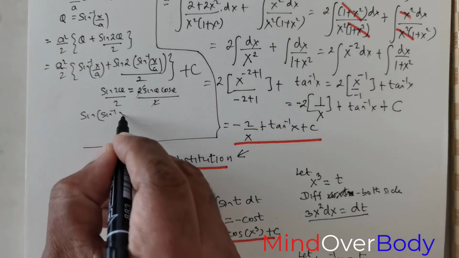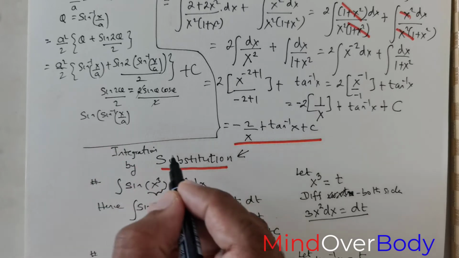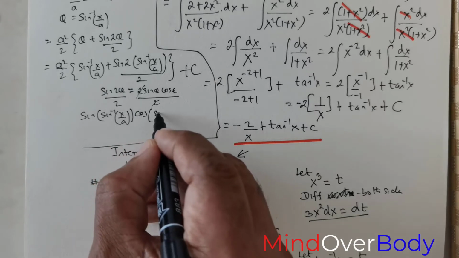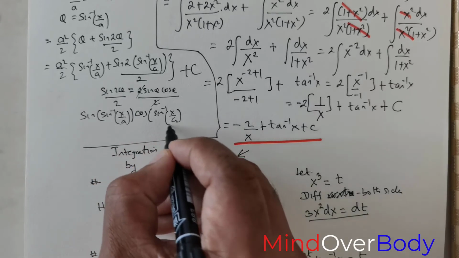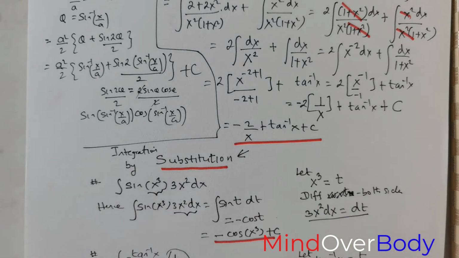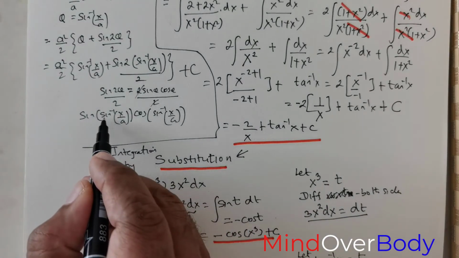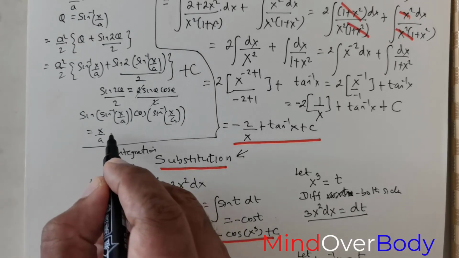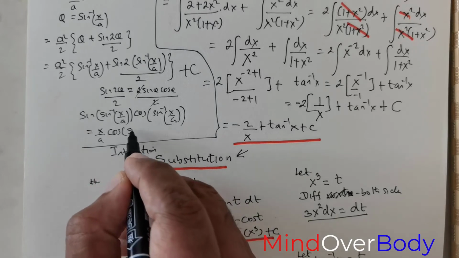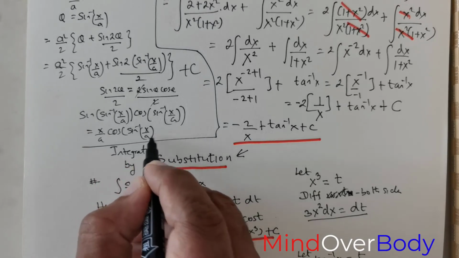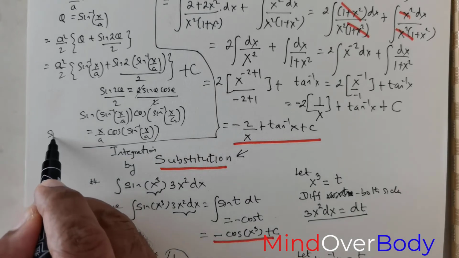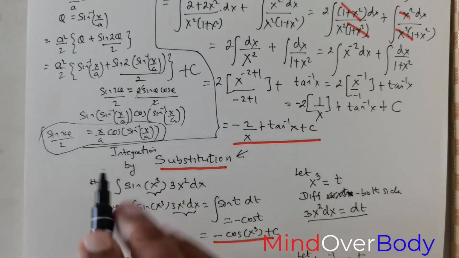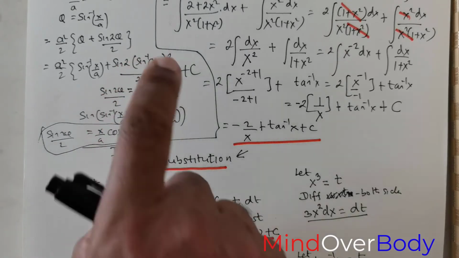So I substitute that for the first component, times cos of sin inverse of x over a for the second component. In fact, sin inverse and sin can be cancelled. So this is going to be x over a times cos of sin inverse of x over a. So in place of sin 2 theta over 2, we can substitute this, and this would be more attractive than the earlier form.